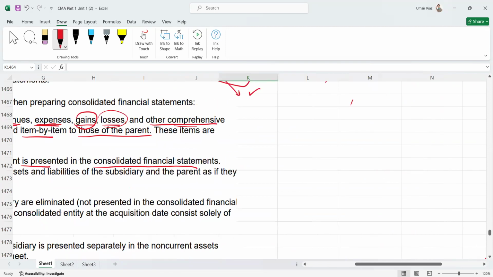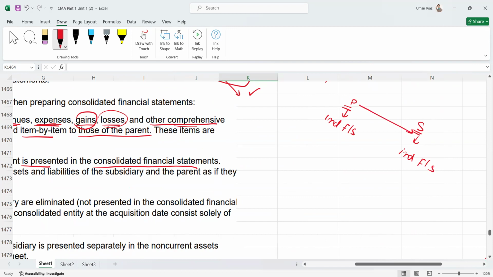Here we have a parent company and here we have a subsidiary company. First we will prepare individual financial statements of the parent, and we will also prepare individual financial statements of the subsidiary. Financial statements means income statement, balance sheet, statement of cash flows, whatever. So individual financial statements. Please remember, because the parent has invested in the subsidiary, right?